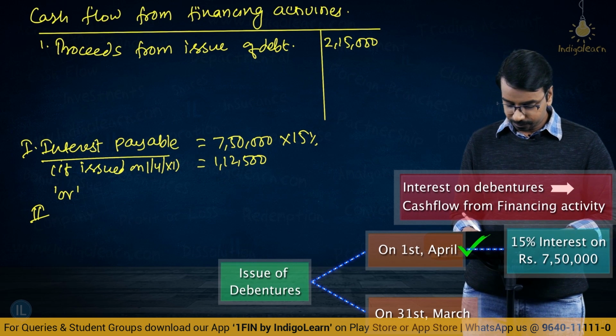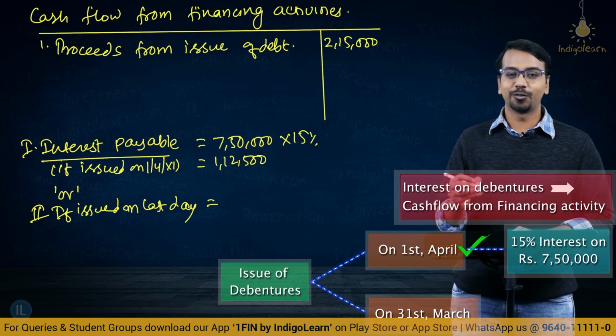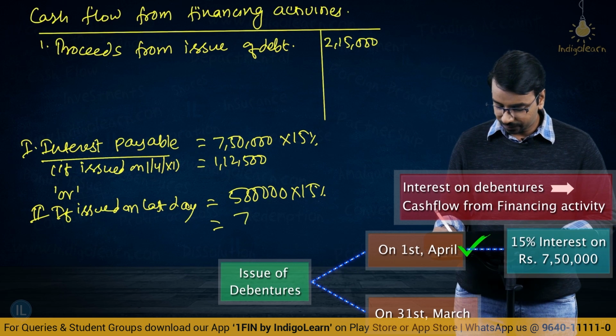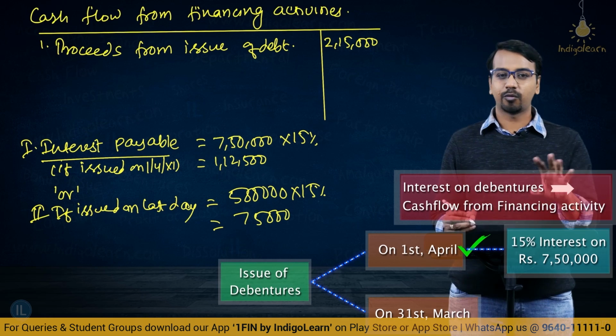Otherwise, if issued on the last day of the financial year, the interest would have been only what is payable on 5 lakhs into 15%, that will be 75,000. Either assumption is perfectly fine.